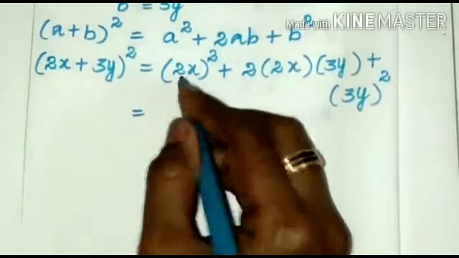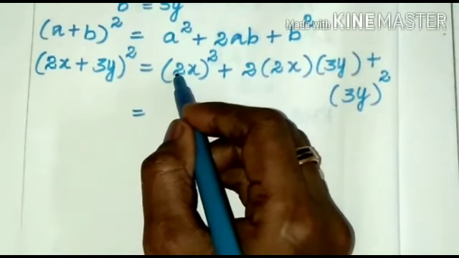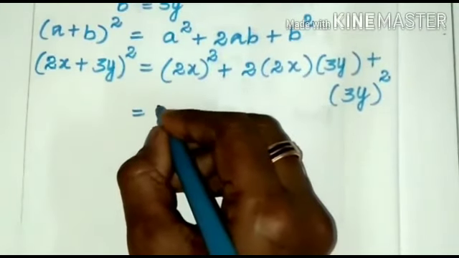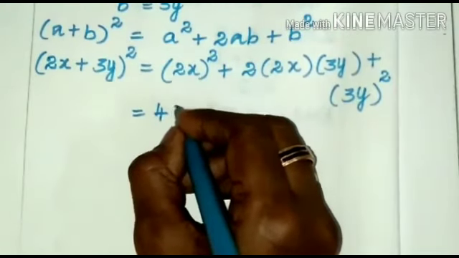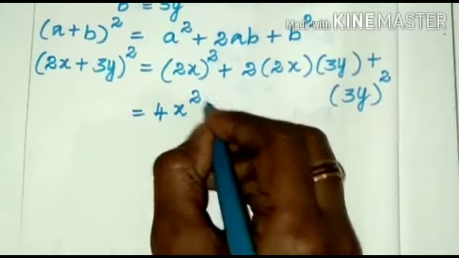That is equal to, now we square the number first. 2 square, 2 into 2, what is the value? 4. Then we have to square the variable x, x into x, x square.